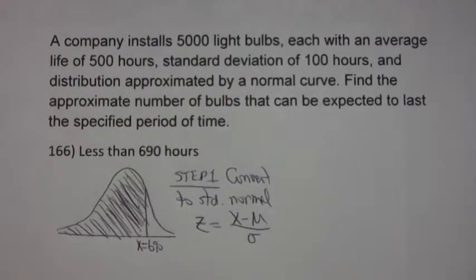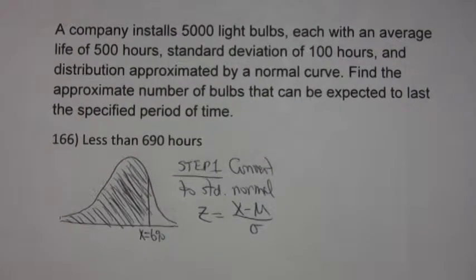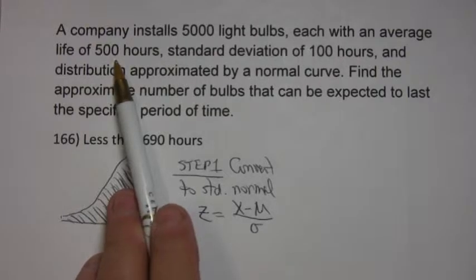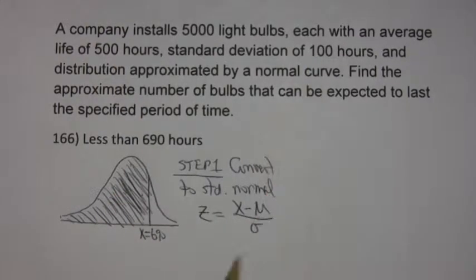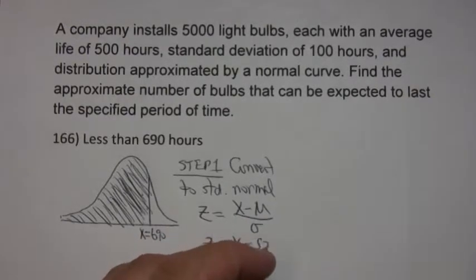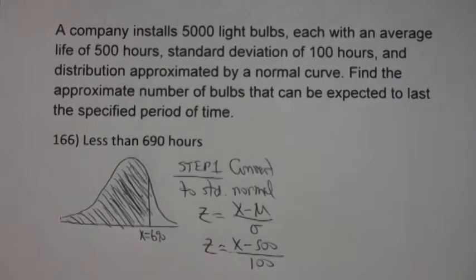In this problem, mu is 500, that's the mean, and sigma is the standard deviation of 100. So you end up with z equals x minus 500 over 100.